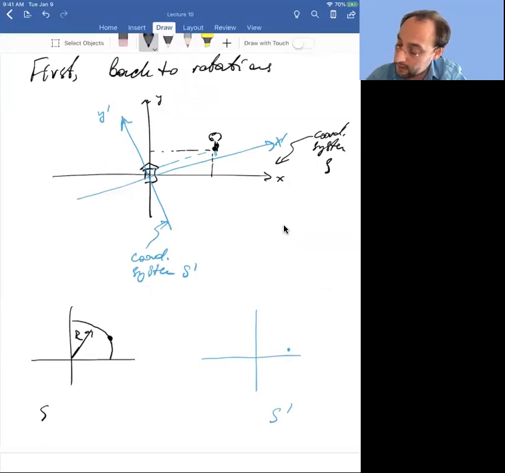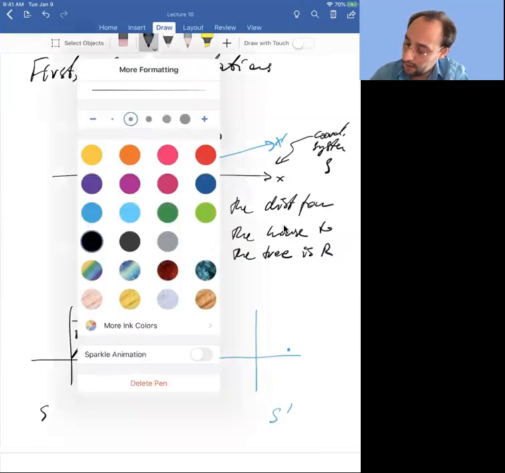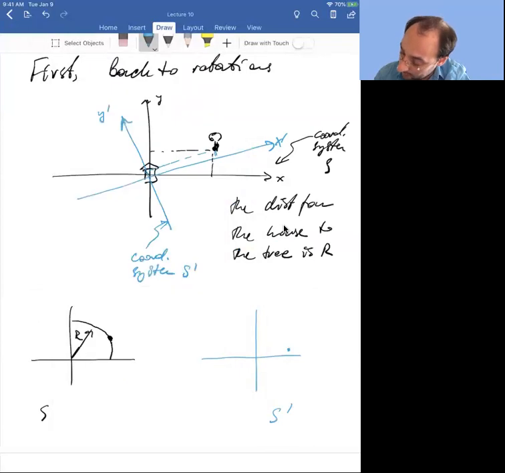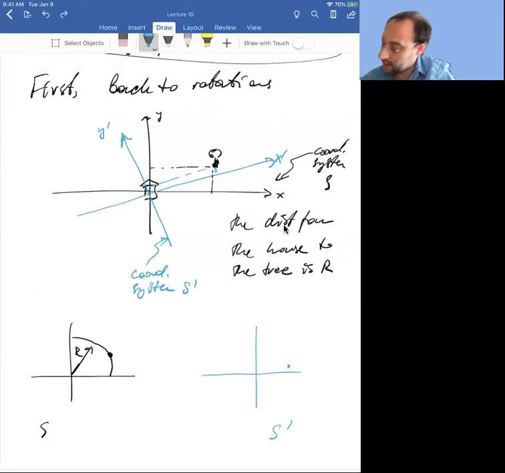So the distance from the house to the tree is r. And in different coordinates, that house will be located at different points, but they all lie on a circle of radius r. I hope you understand that.